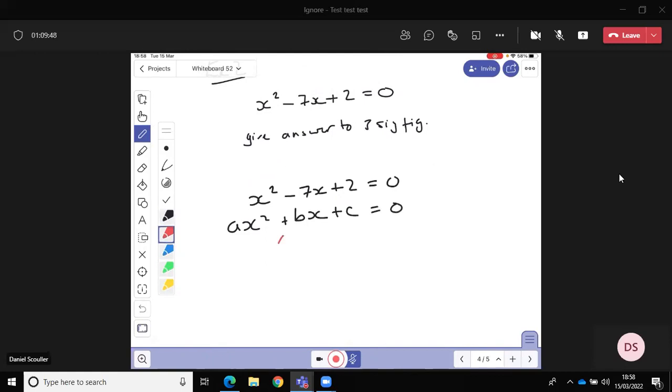Always keep these in the same form. That means a is equal to 1. Remember, we don't write it in algebra, but if there's a term, there's a wee 1 there. B, really importantly this time, is negative 7. And c is positive 2.